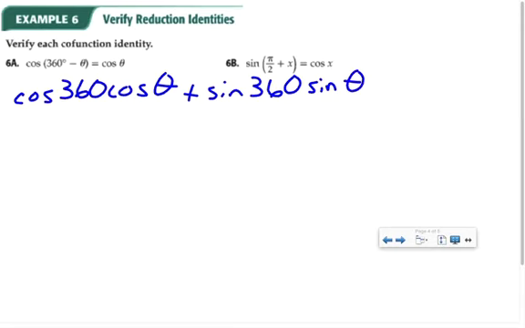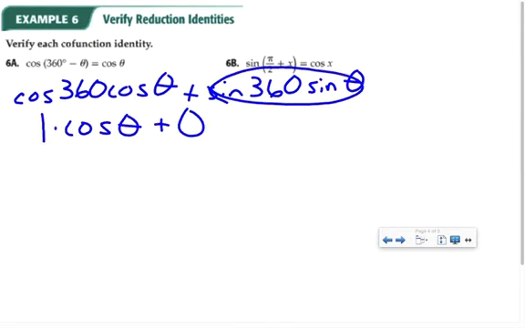Well, the cosine of 360 is the same as the cosine of 0, and the cosine of 0 is 1 times cosine of theta. Similarly, the sine of 360 is the same as the sine of 0. The sine of 0 is 0, so all of this is going to disappear, leaving me with just cosine of theta, which is what I was looking for.